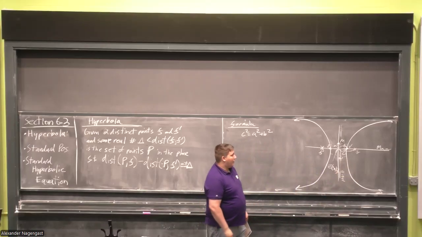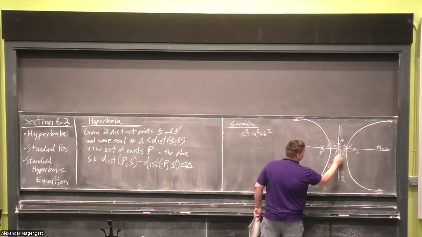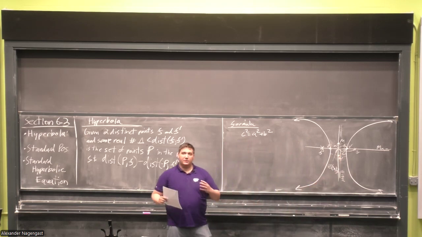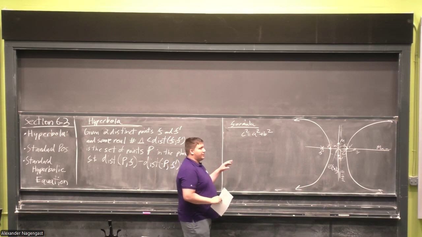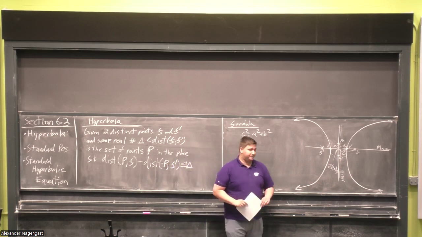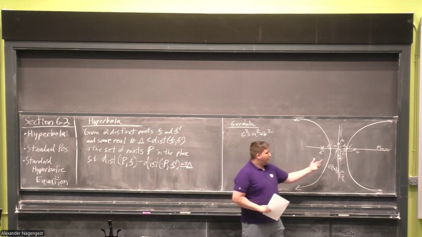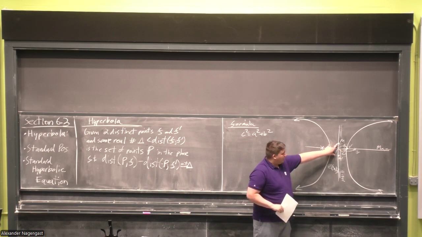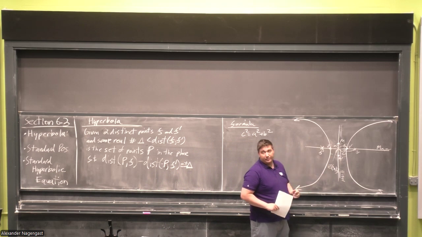So those will be my minor points. So I've now described the same set of points as an ellipse with my foci, my vertices, my minor points, and my center.